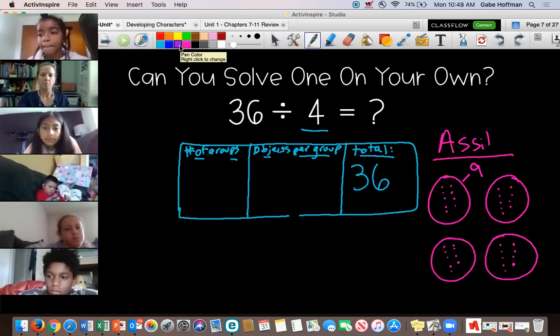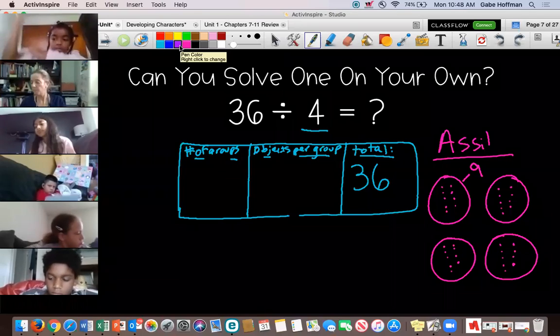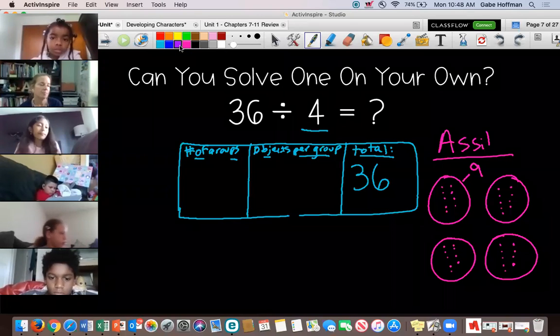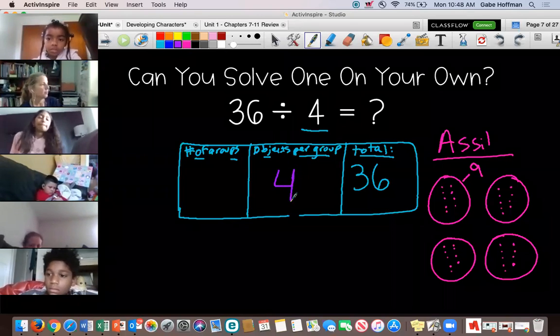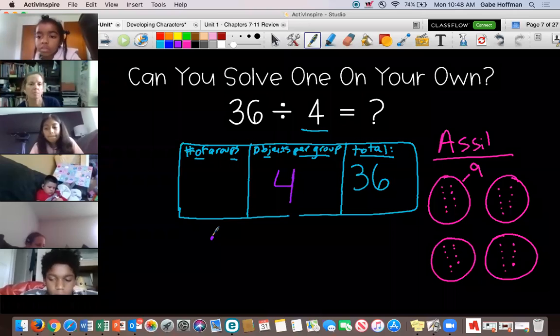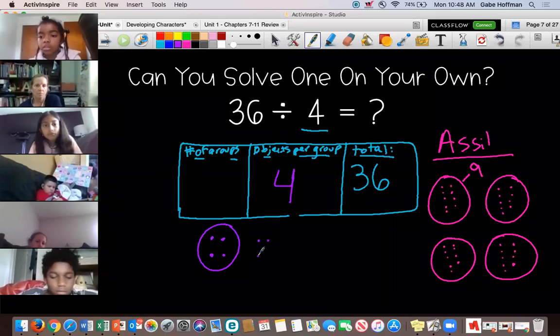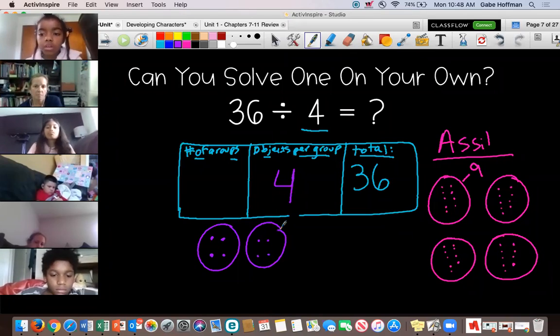Okay, so here's what this would have looked like. Before we knew that 9 was the answer, you said, you know what, I'm going to put 4 per group because that's easier for me. So you would draw 4, that's 1 group. Another 4, group.